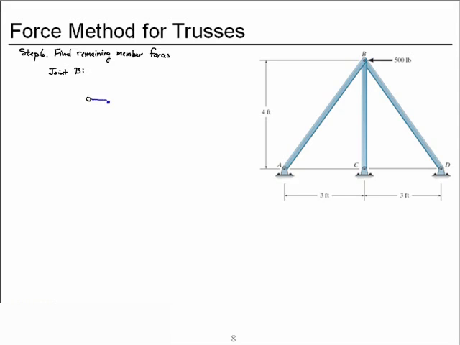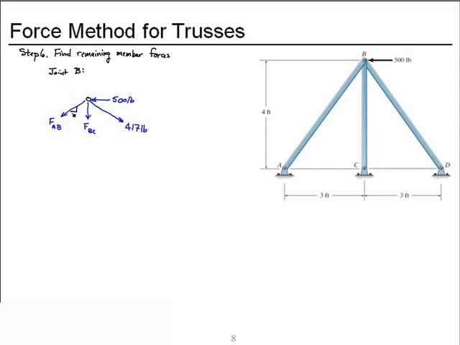We have our applied load of 500 pounds. We now know that member BD is 417 pounds in tension. So we have our unknown force in member BC and our unknown force in member AB.